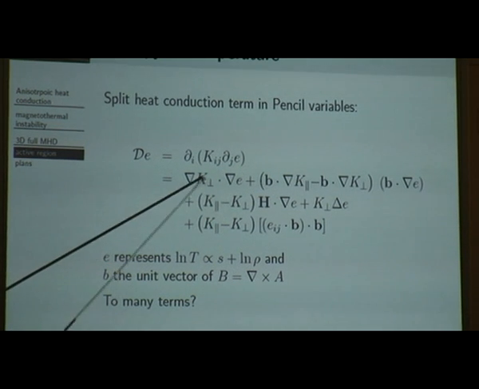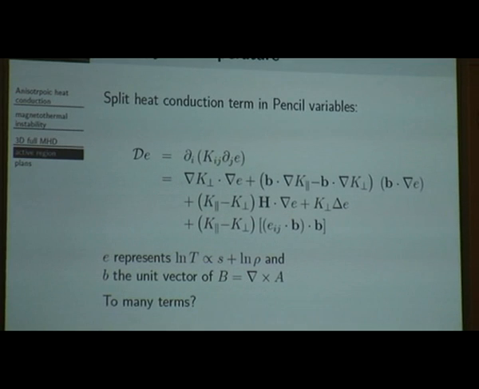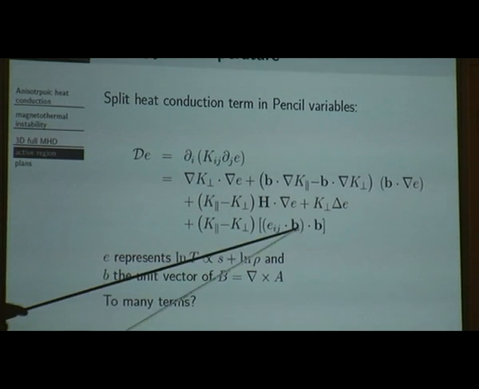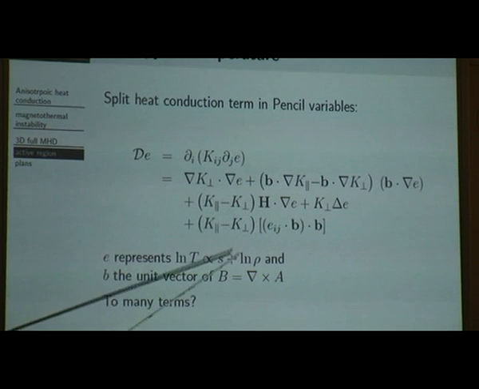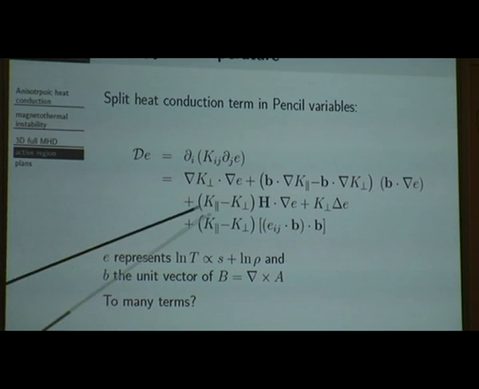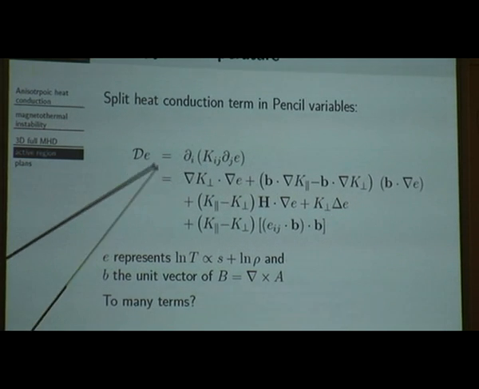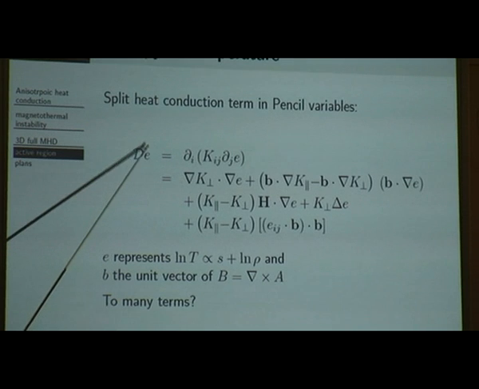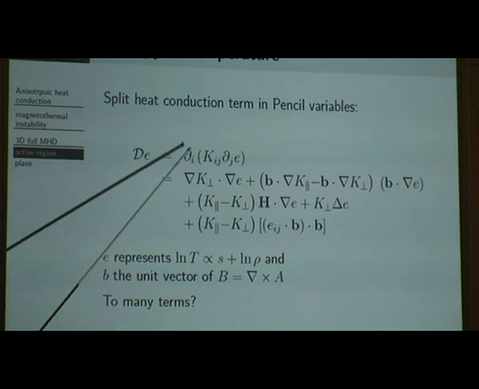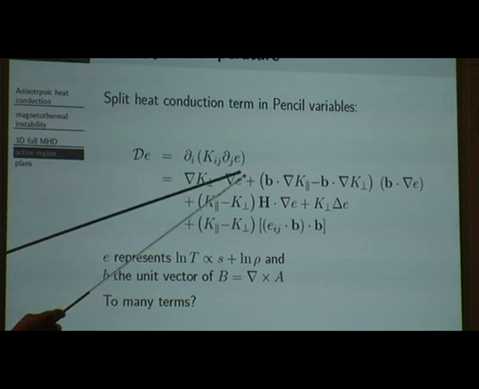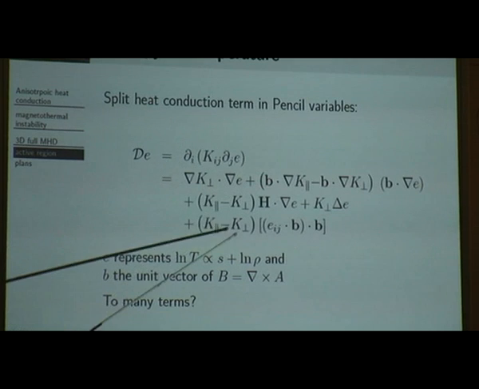Then you can get these gradients of the conduction factors, and you get the E and E terms here, and E represents the temperature here. So normally Spitzer would be temperature. The temperature is proportional to the gradient of the divergence of the gradient of temperature.